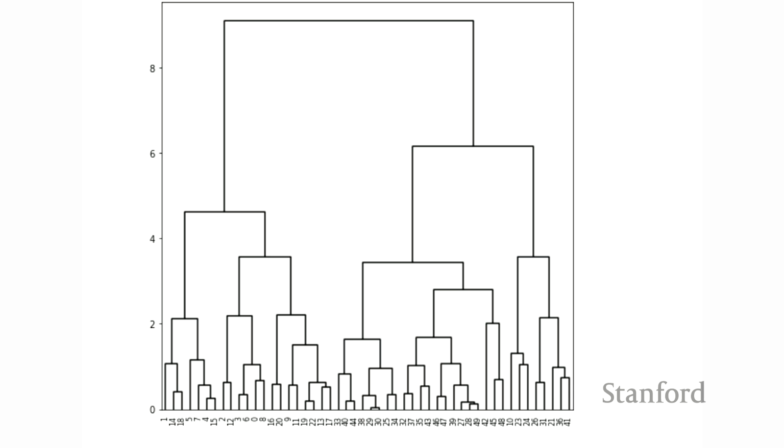They're relatively small here, but nevertheless, these are the individual labels of the observations. And then each height here corresponds to some value in that D matrix where these two clusters were merged. For complete and single, it is always a value in the D matrix. For average, it's going to be some function of the values in the D matrix. But roughly speaking, this is the distance at which the clusters were merged for all of the linkages.